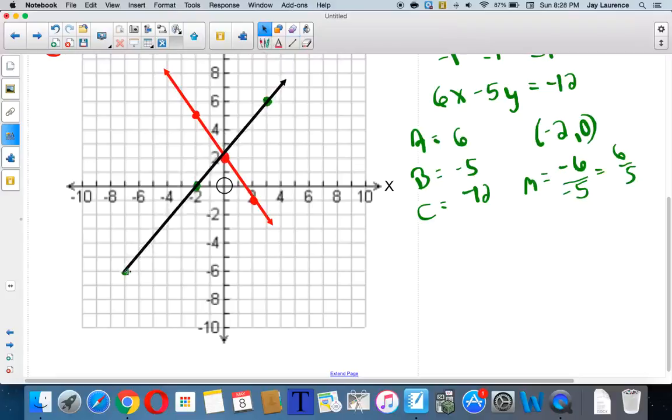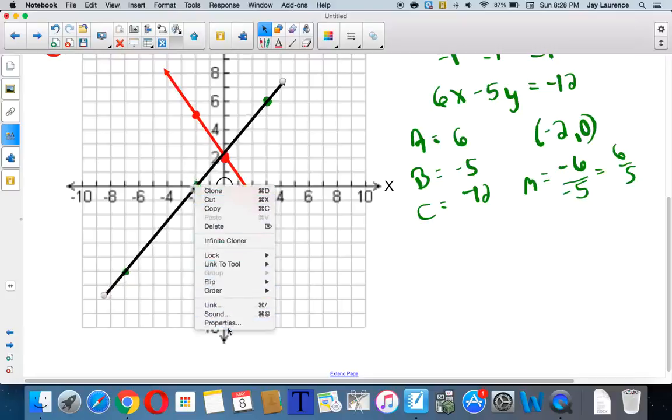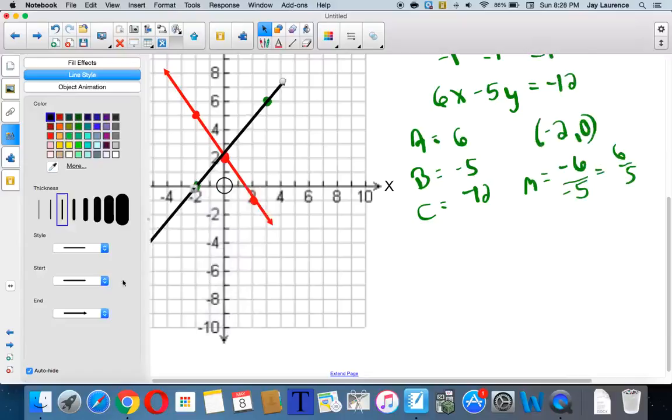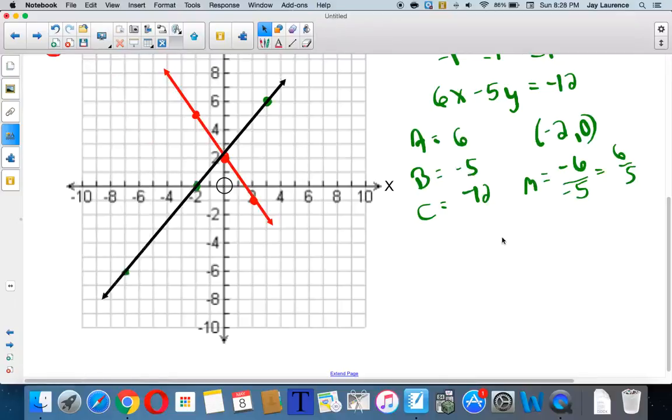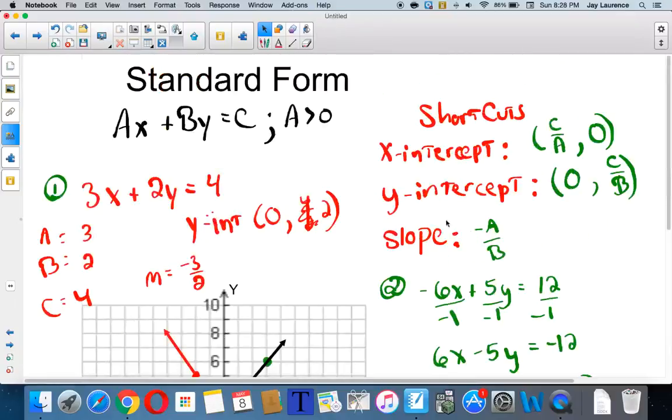Oh, excuse me. All right. So that should do it. Okay, very good. All right, so that's standard form.